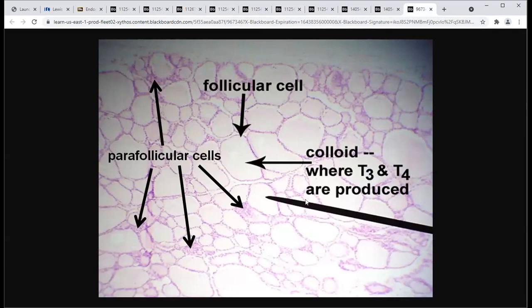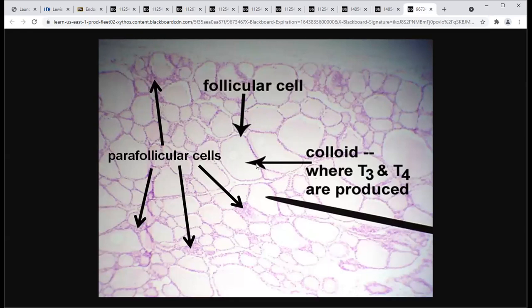These large bubbles are follicles of the thyroid gland, and the follicular cells are the cells that surround the follicle. A follicle is filled with a liquid called colloid, and some of the chemical reactions that make T3 and T4 are there. Ultimately, it's the follicular cells that are responsible for making T3, T4.